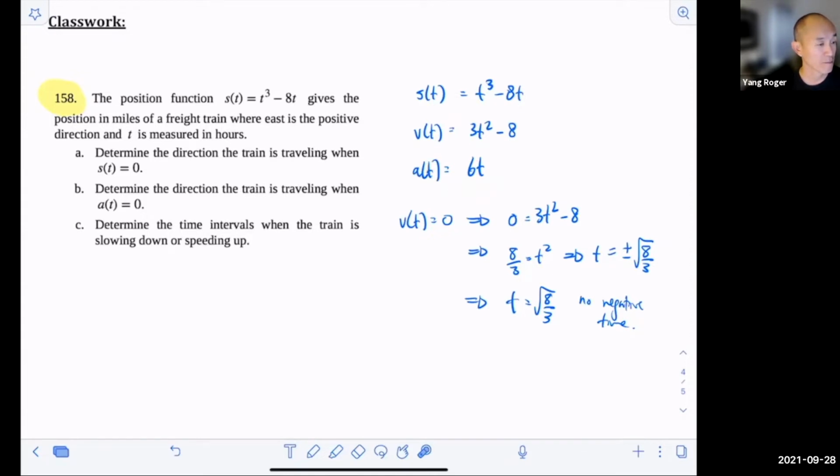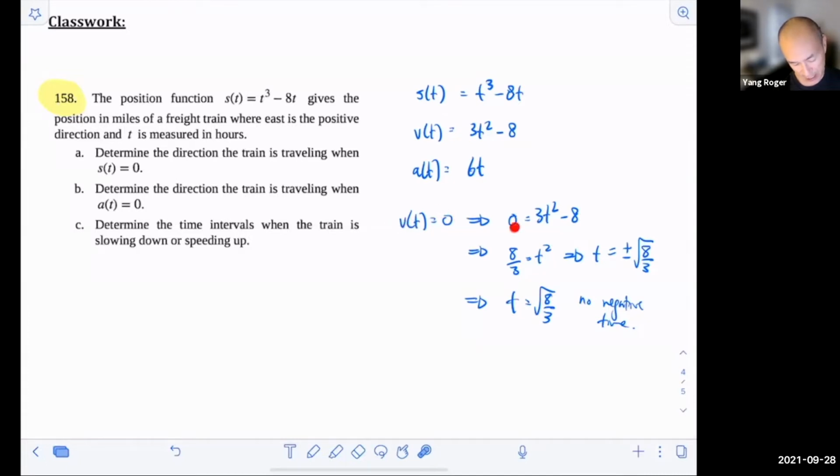And then I decided to figure out when the velocity is equal to 0.